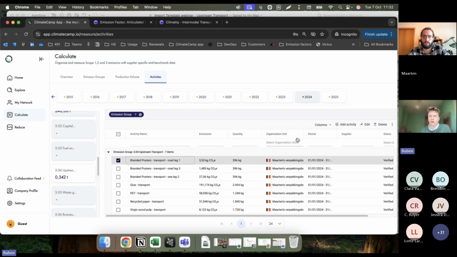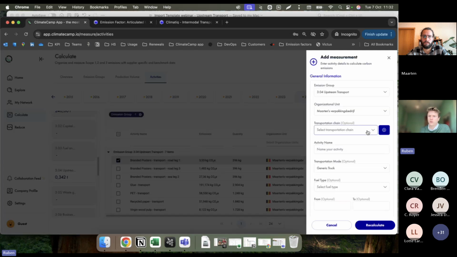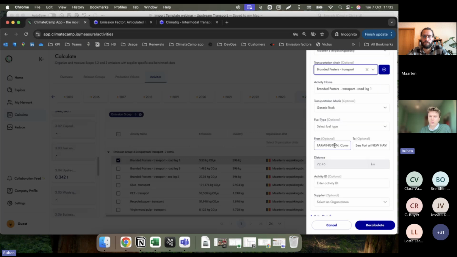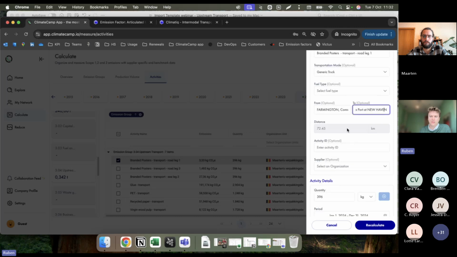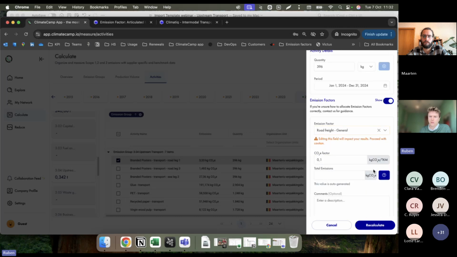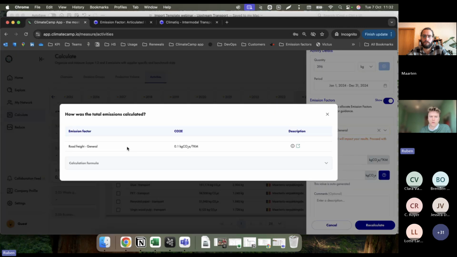If we go for the first leg, we see that they are all linked to each other in a specific transportation chain. This transport took place from the USA to a specific port in that region. That will be the distance that the truck has done, and we'll see that a specific emission factor for road freight has been used there.